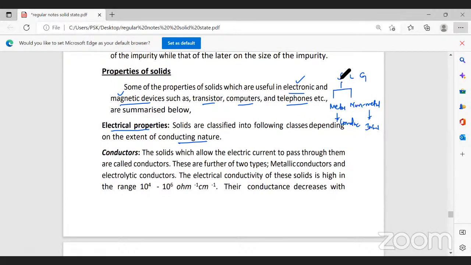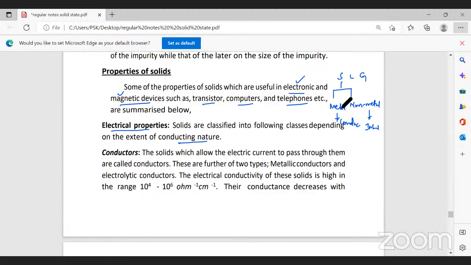Likewise, the classification of solids can be divided into conductors and insulators. The electrical conductance will not be the same for all metals. It will be different with metals, so that we are going to talk about here.